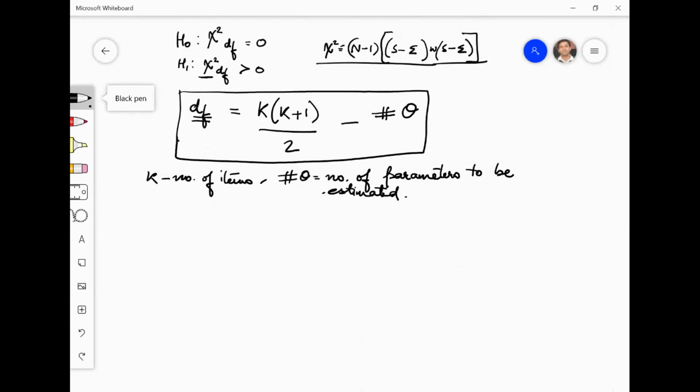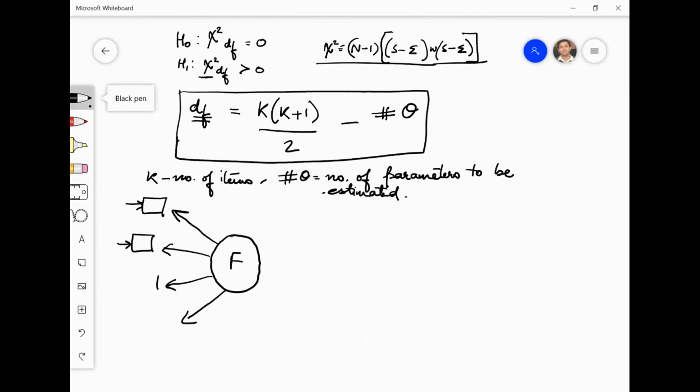Now let us look at an example to see what this means. So let's say we have a factor like this. We have 4 items, I1, I2, I3, I4, and we have the 4 measurement errors.